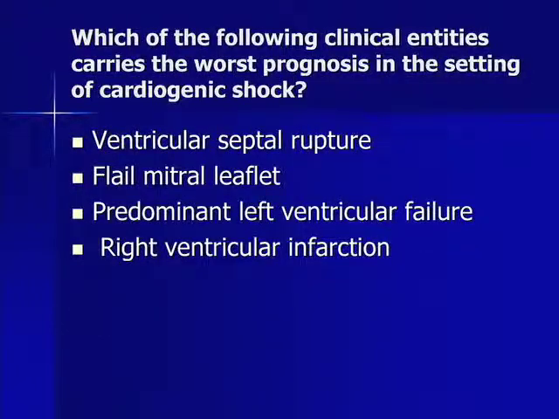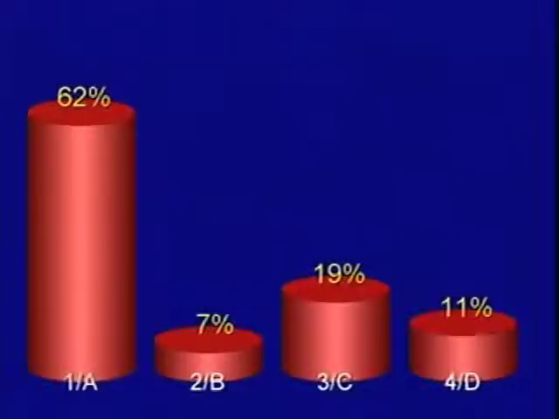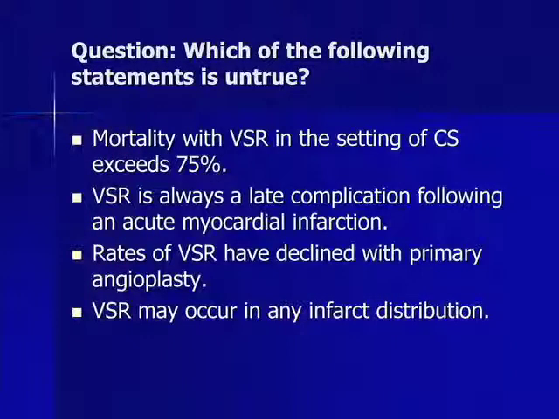So when you have these mechanical complications that I've outlined here, which one of them has the worst prognosis? So most folks got this answer correct. So of all of these complications, the one that carries the highest mortality rate is ventricular septal rupture. Which of the following statements is untrue?